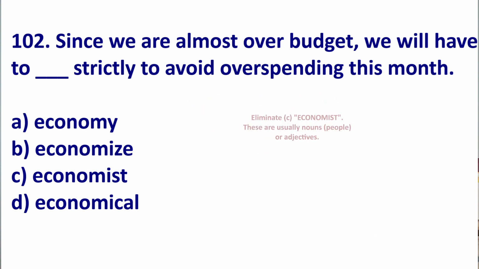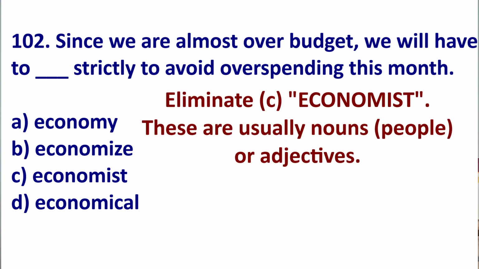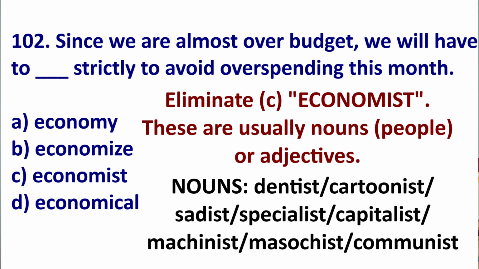We need a verb. IST words are often adjectives or nouns. And if we use it as a noun, it's usually a person who does it. For example, she is a dentist, cartoonist, machinist, terrorist, specialist. These are nouns. So IST words are not usually verbs.